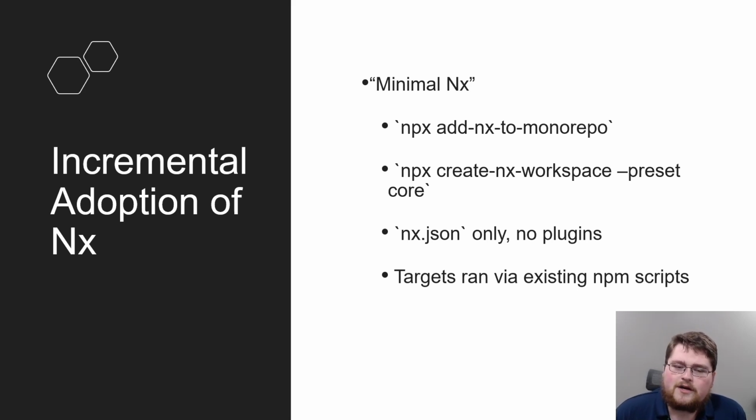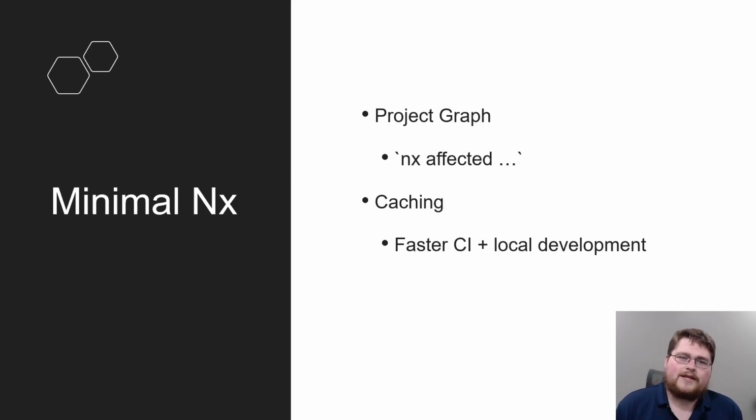But since we are using NX in this setup, we'll end up with access to the project graph immediately, which we just saw. We'll have access to nx affected for our tooling and build orchestration. And we'll also have access to some caching. So that means we'll have some faster CI and better local development since we'll have access to both the local cache and remote cache.